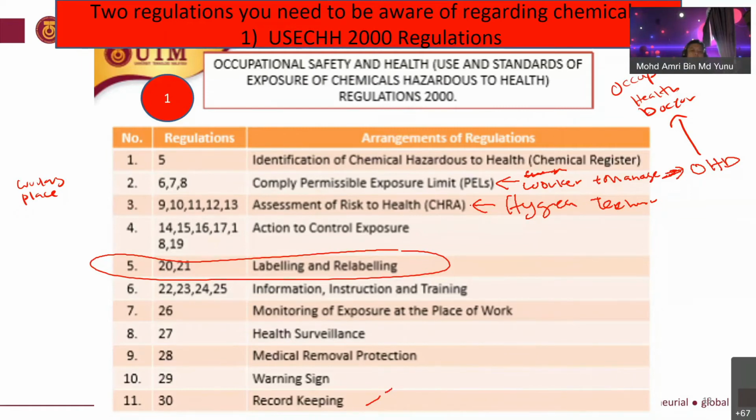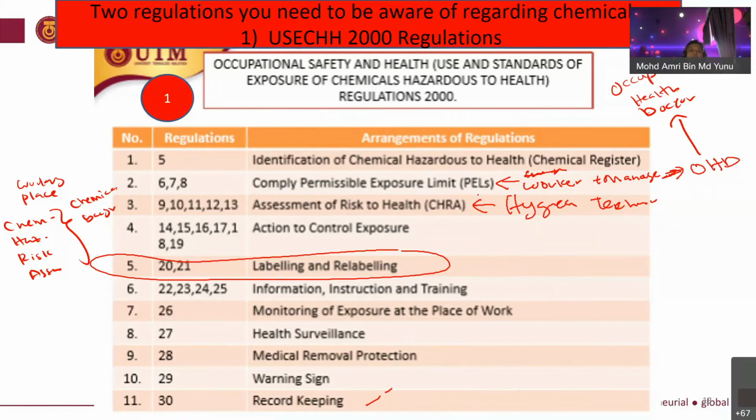There is one called CHRA, chemical health risk assessor. These are personnel with chemical background. There are two types. I think yesterday I explained about that. They look into the permissible level, and then they report to the management.